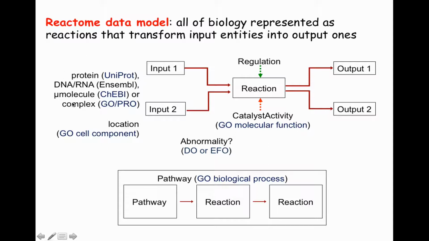To make the information as transparent to users and as interchangeable among data resources as possible, we've defined our domain as being precisely the recognition of what's going on in reactions and how those reactions assemble into pathways. We do not annotate proteins.